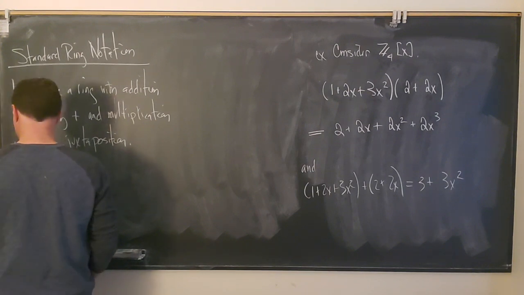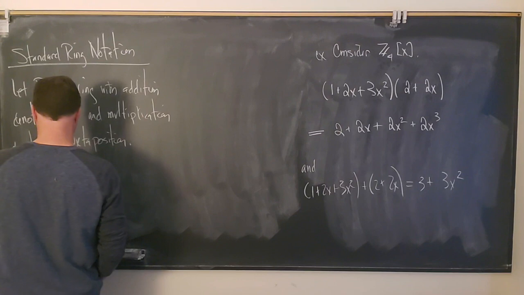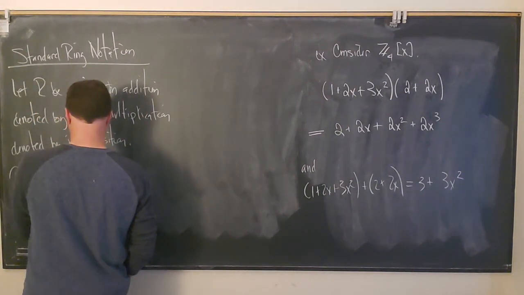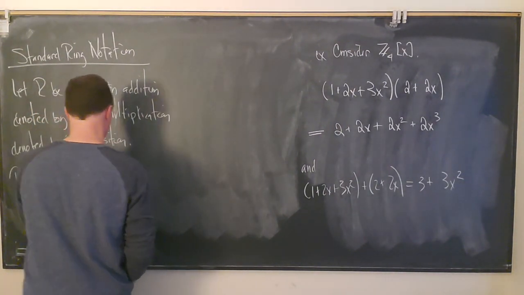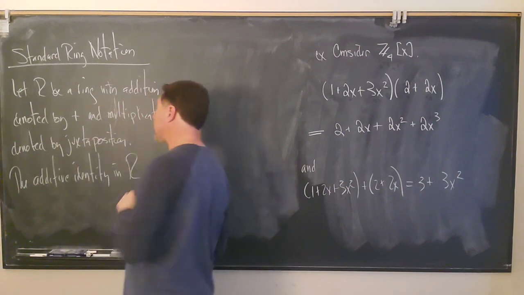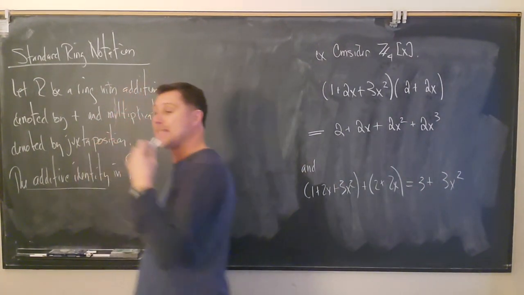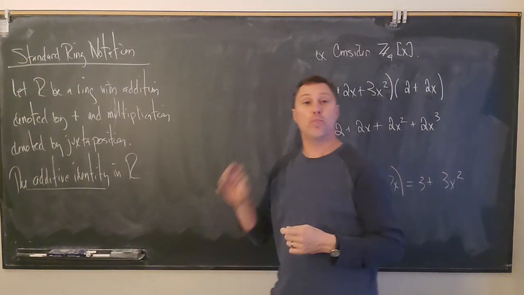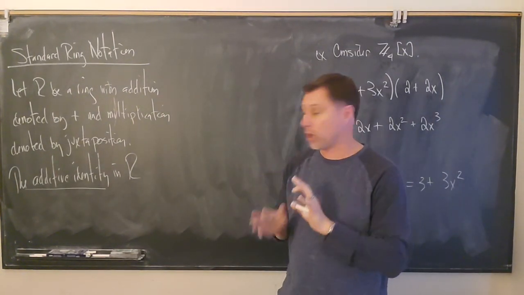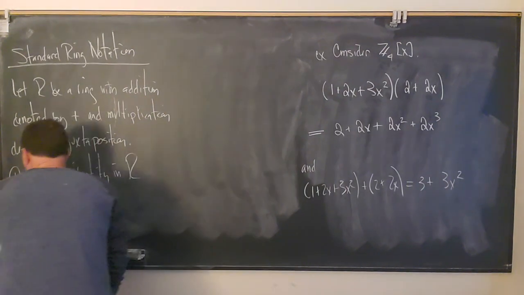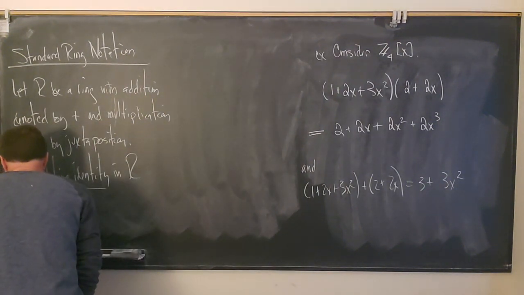Now, some standard notation: the additive identity in R. What do I mean by the additive identity? That is the identity with respect to plus in the group R comma plus. So let me just say that in parentheses.